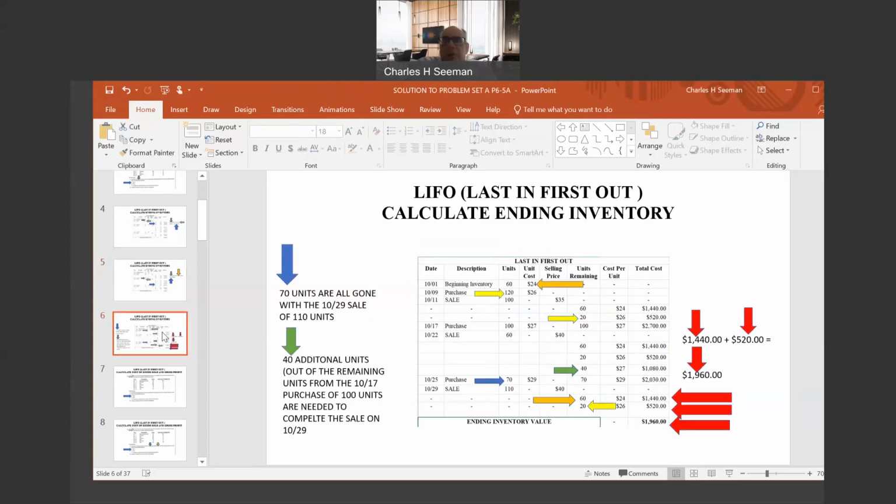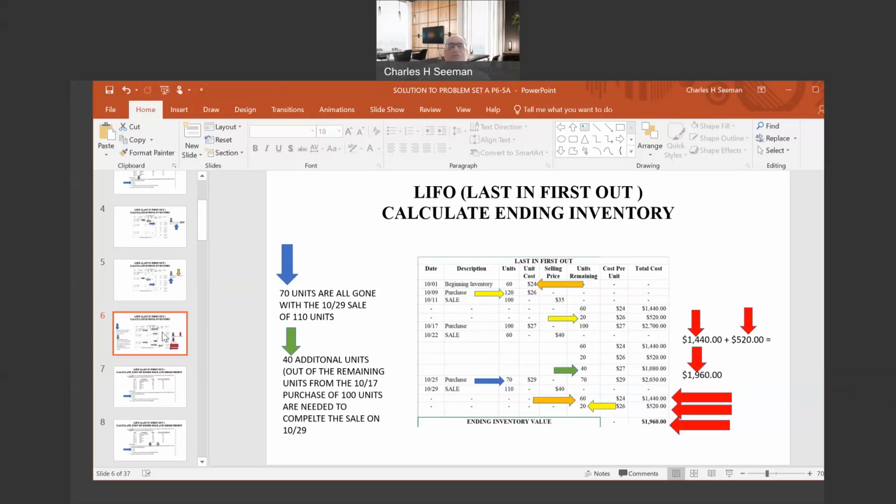Moving on. On 10/29, we sold 110 units. On 10/25, we purchased 70. So the 10/29 sale exhausted all 70 units of the 10/25 purchase. But we needed more units. We needed 40 more units.